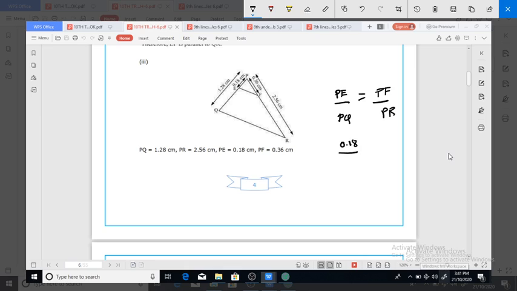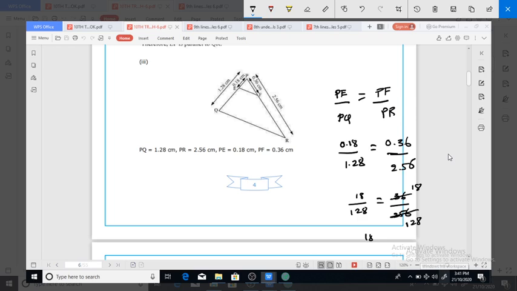The PE value is 0.18 divided by the PQ value, 1.28. Next, the PF value is 0.36 divided by the PR value, 2.56. So just take a look: 18 divided by 128, 36 divided by 256. Cancel it: 2 18s are 36, 2 128s are 256.